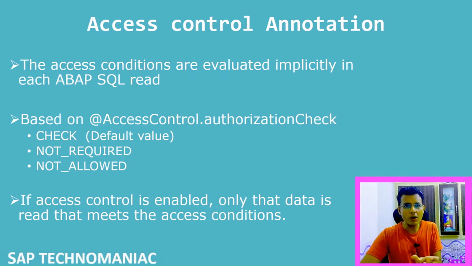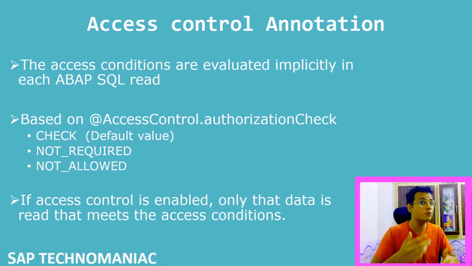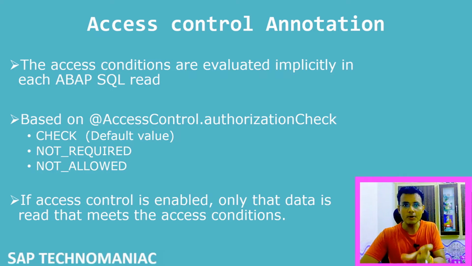Not required is useful when we don't have the DCL at this moment, but in future we can create the DCL and it should be evaluated. And if you have the DCL and you don't want to evaluate it whenever you access the CDS entity, then you have to give the value not allowed.